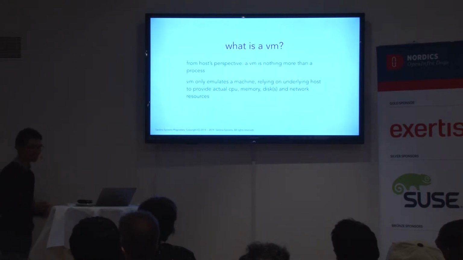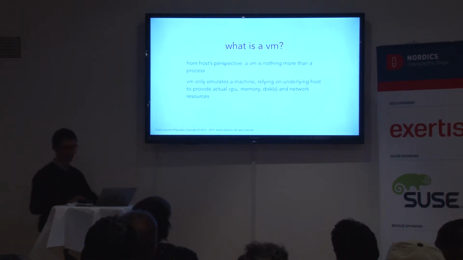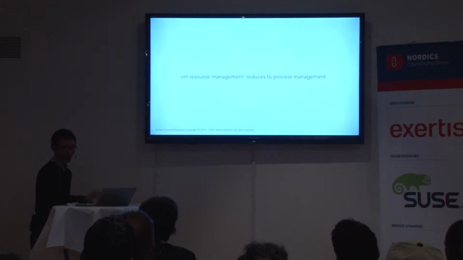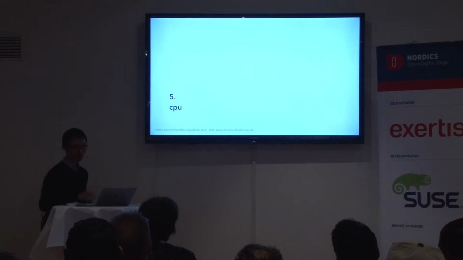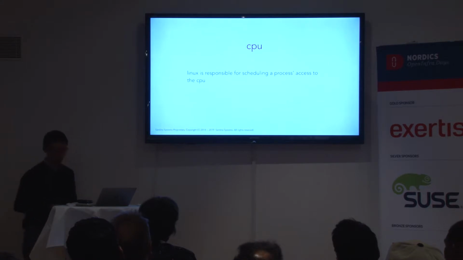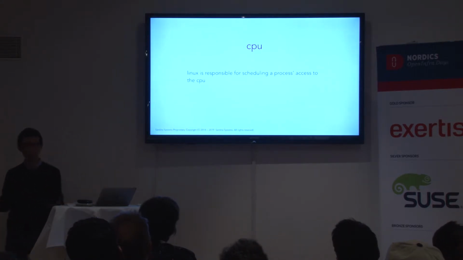And yes, it provides emulation, but considering that it's a process, VM resource management reduces further into process management. So, CPU. What does Linux do? Linux is responsible for scheduling a process's access to the CPU. Yeah?